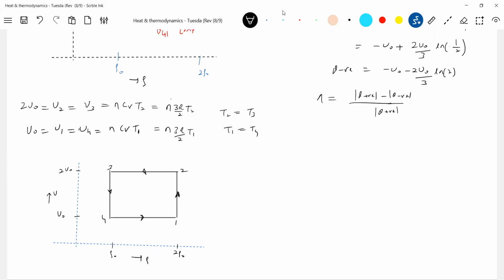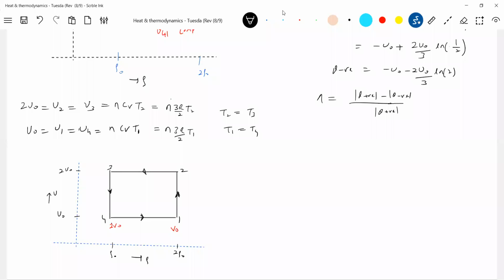We have 1, 2, 3, 4 like this. Look at the condition, no? There should be the volume V naught, 2 V naught, or if you go for it, there should be V naught. So this is about the volume.